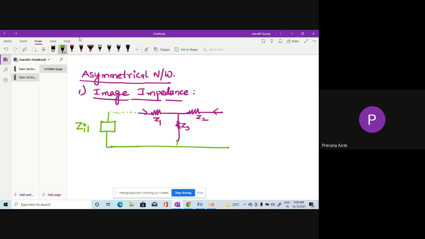If you look from port 2, what we observe is the image impedance of port 2, that is ZI2, which is going to be calculated. So what is the value of ZI2?